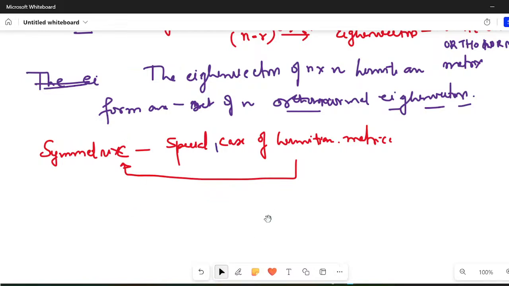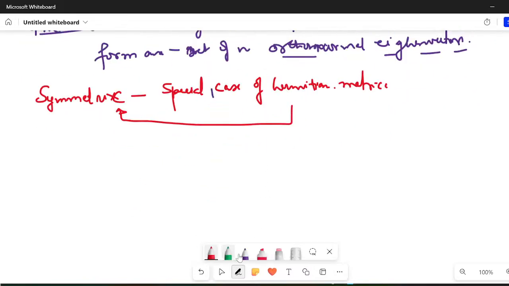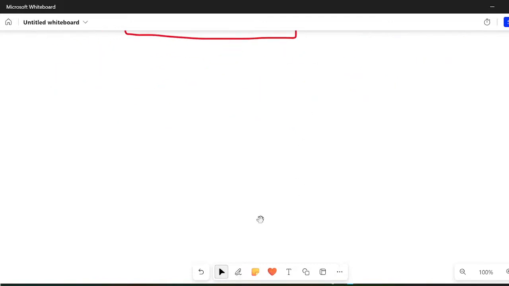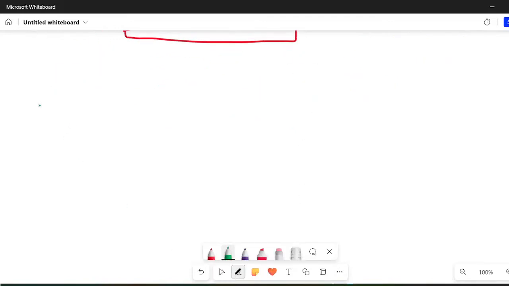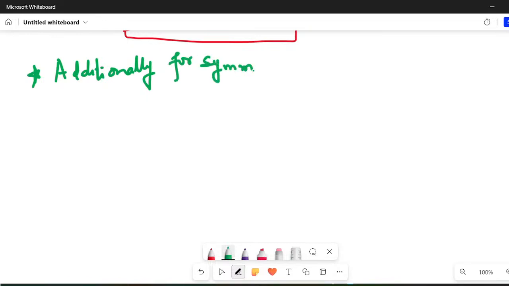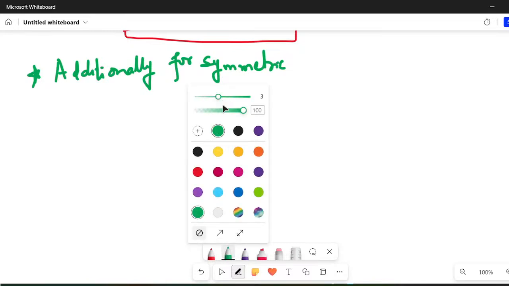But additionally, one of the statements that you should remember for symmetric matrices, please remember this.